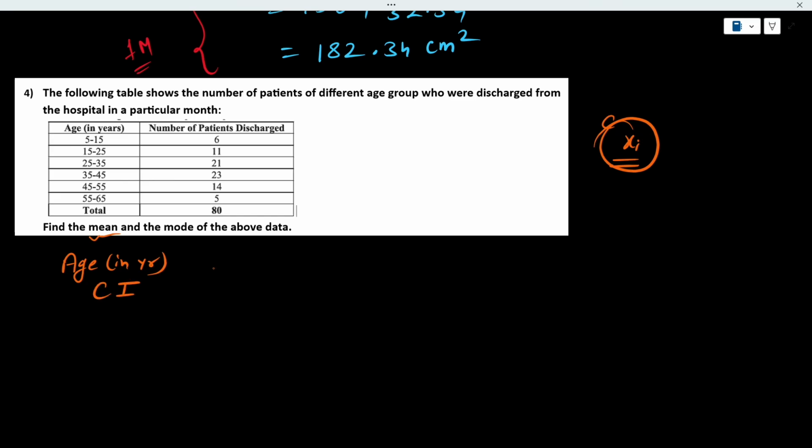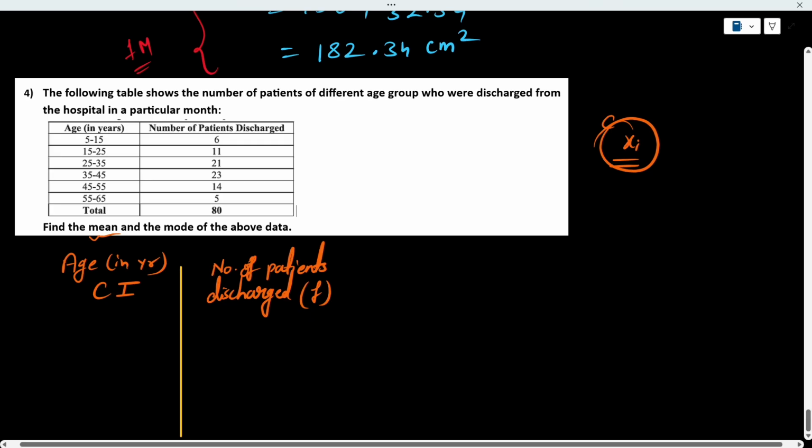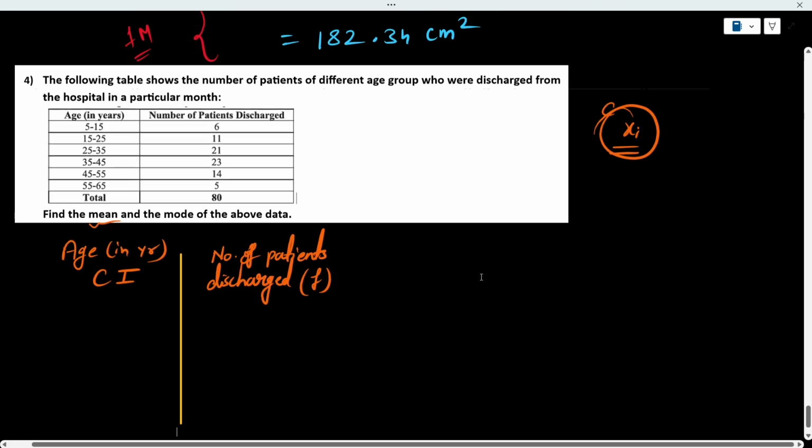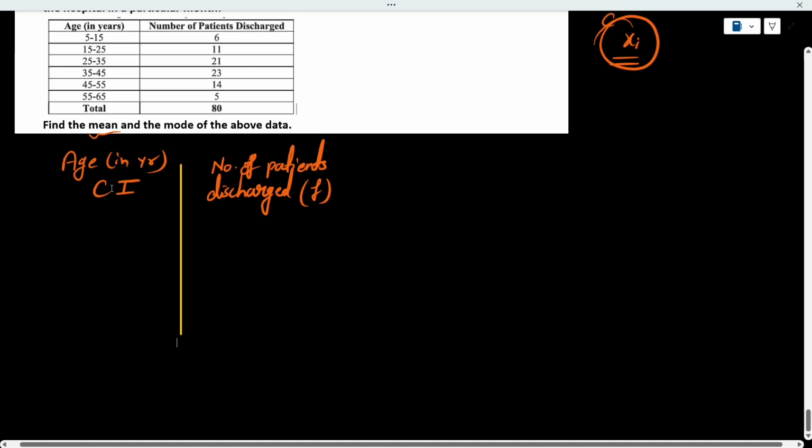The second column will be number of patients discharged, which is nothing but your fi, your frequency f. So the first column is CI. Then let us draw the columns.